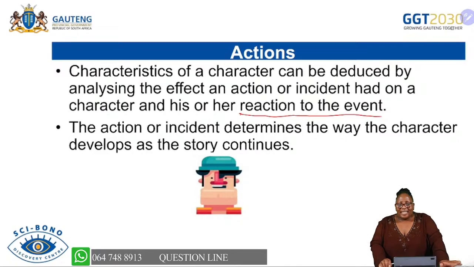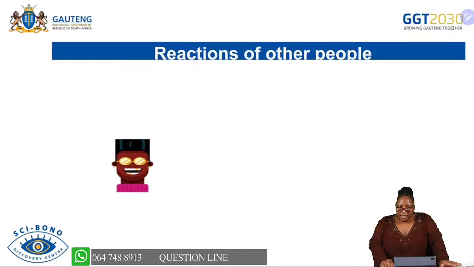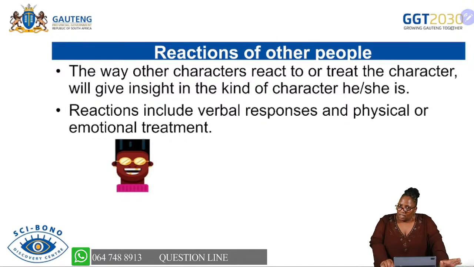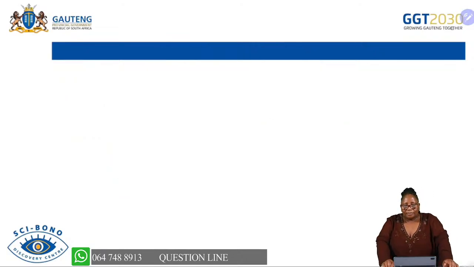The action or incident determines the way the character develops as the story continues. Reactions of other people that we have done. Initially, I said they react to other people, and now this very character will react differently to situations.